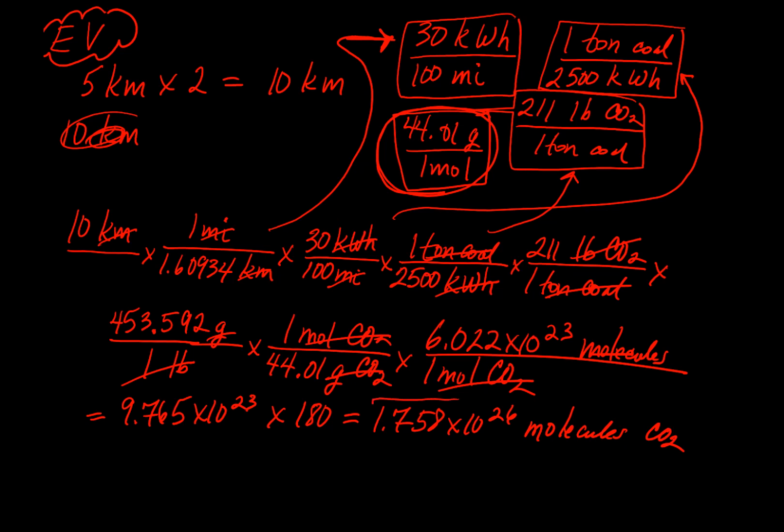So this is the first answer for student B. It's got one significant figure because of the 30 kilowatt hours number and also the 10 kilometers. Both of those numbers have only one significant figure.